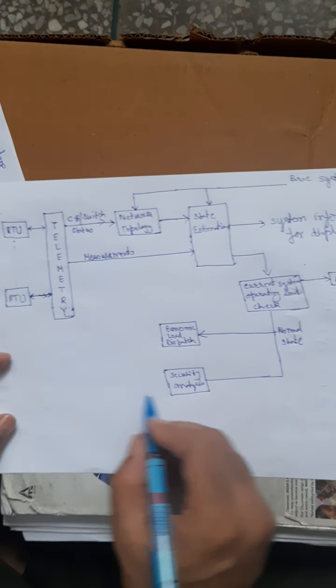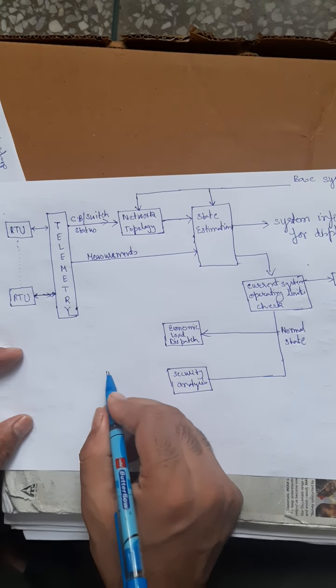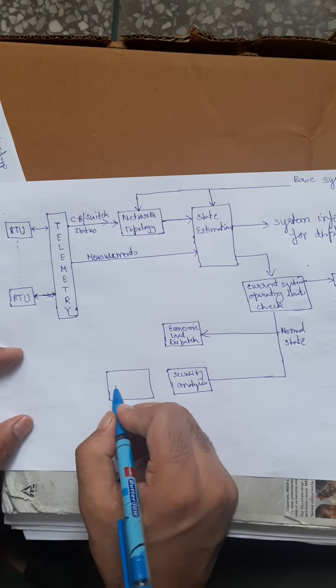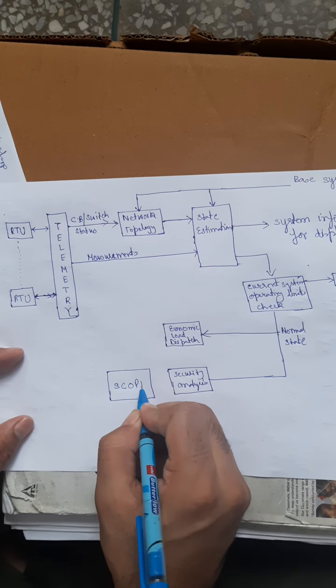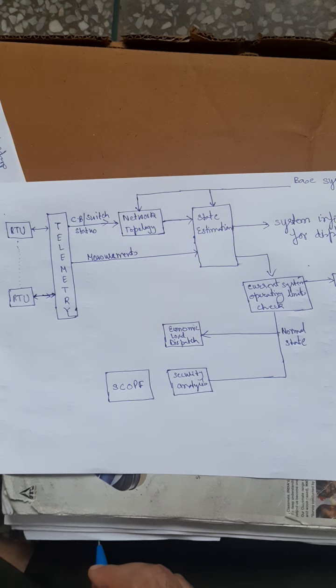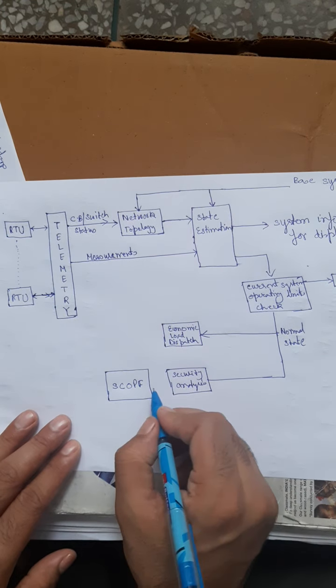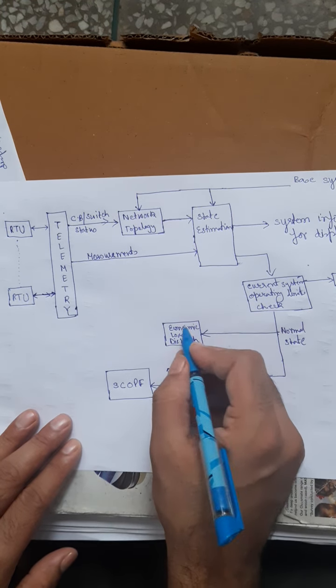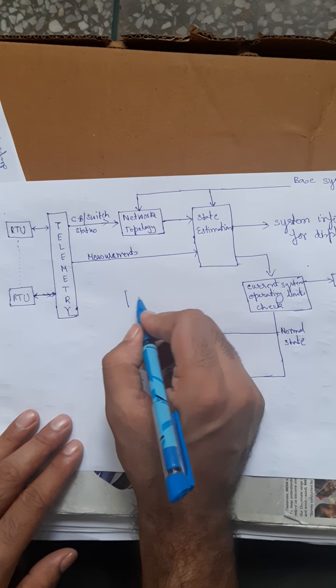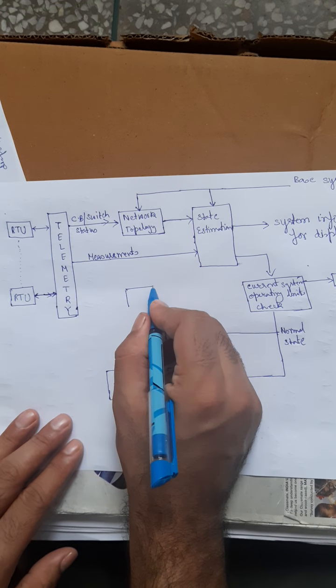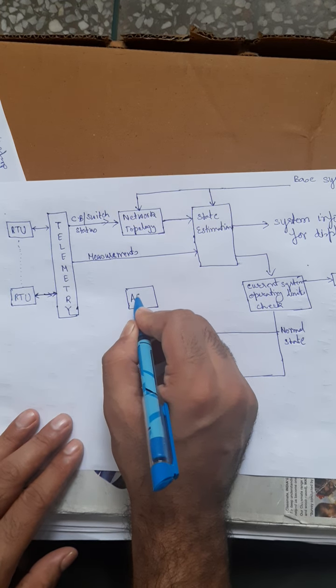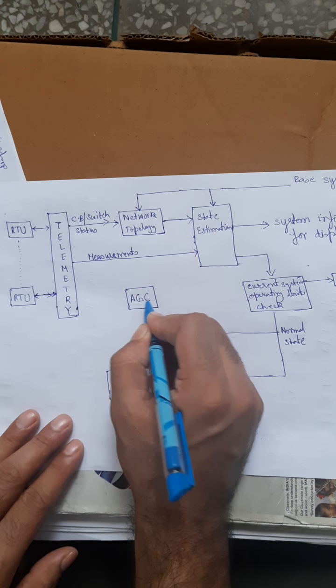With the help of security analysis, we can solve the security constrained optimal power flow problem. And once we have solved the security constrained optimal power flow problem and the economic load dispatch problem, what will we do then? Then we will go for the AGC. What is AGC? Automatic generation control.